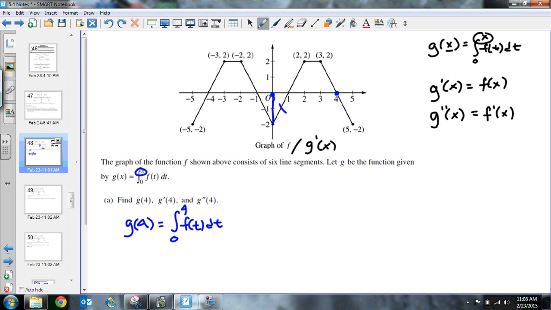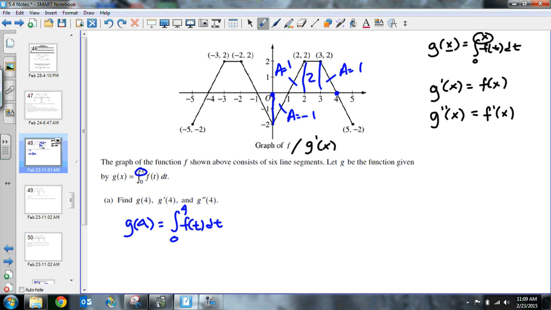If I find the area here, this is the area of a triangle, a 2 by 1 triangle, so the area is equal to -1. It's below the x-axis. This triangle right here has an area of 1. This triangle here also has an area of 1. And this rectangle here, a 1 by 2 rectangle, has an area of 2.